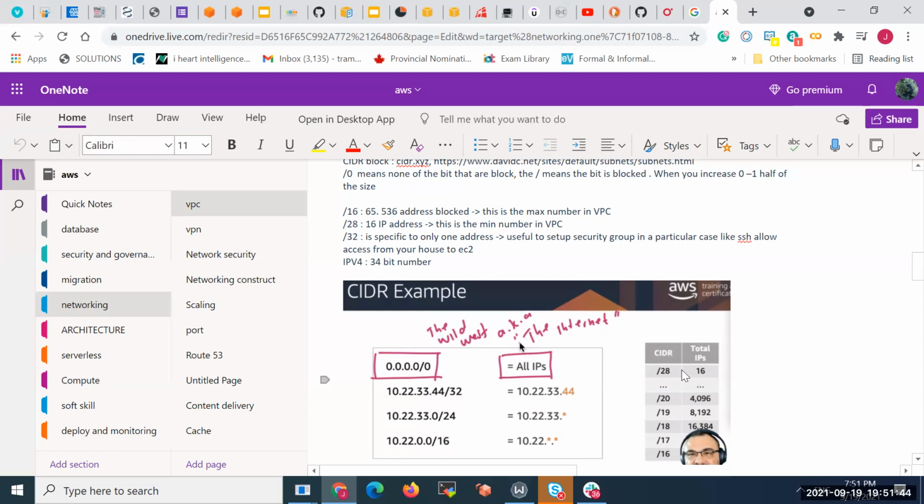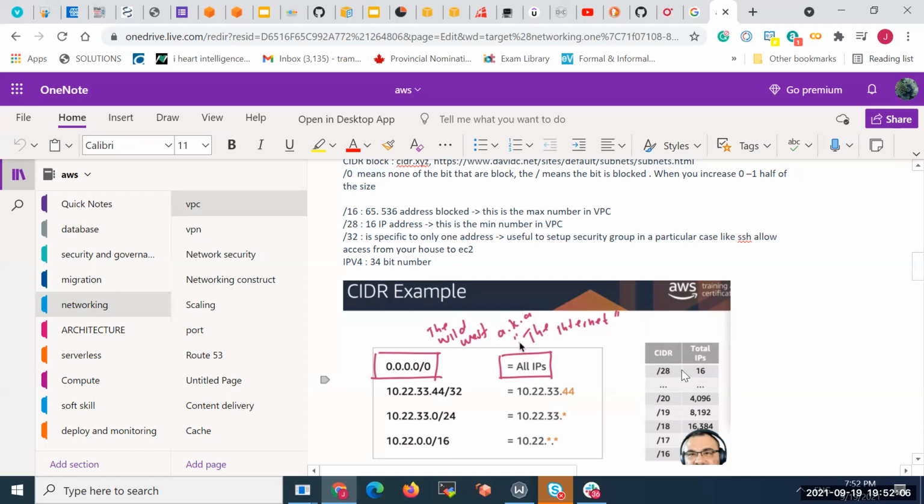Yes, so it is mapping to some of the bits in the IP address. If you use slash 32, then it's specifically one address only, and it's useful for setting up a security group to control access to a specific address only.